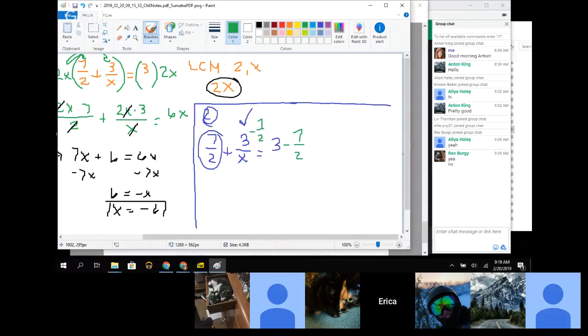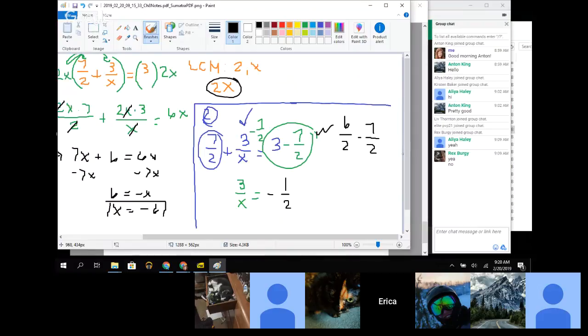Okay, so if I did that, I have 7 over 2 plus 3 over x minus 7 over 2, so I'm left with 3 over x equals 3 minus 7 over 2. So let's do a little fraction work off to the side. 3 is the same as 6 over 2 minus 7 over 2, which is negative 1/2. 3 minus 7 over 2 is negative 1/2.